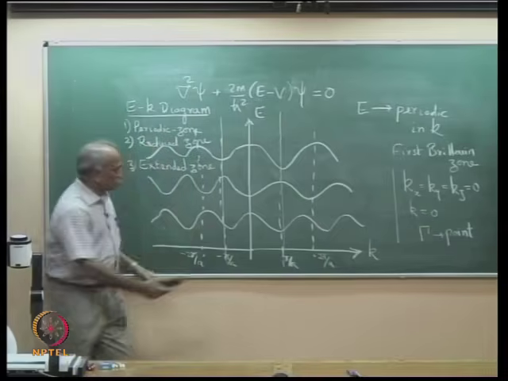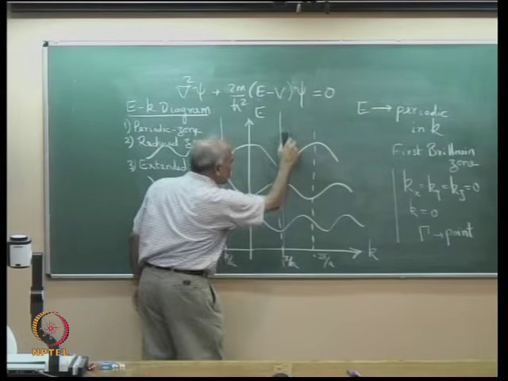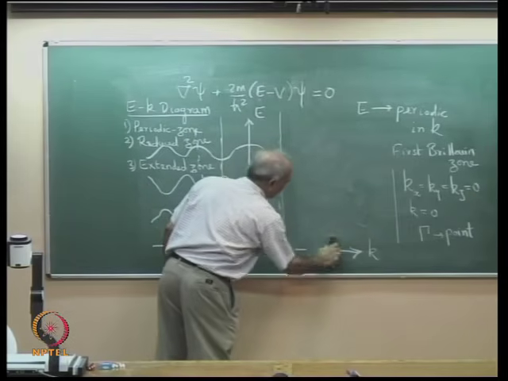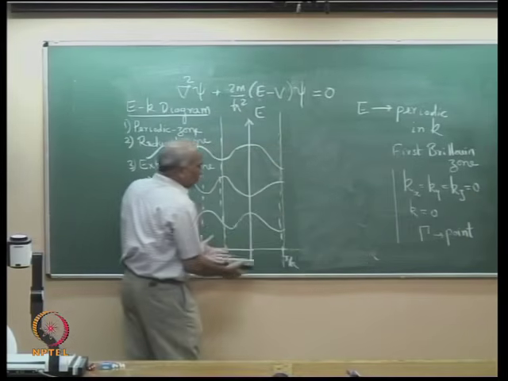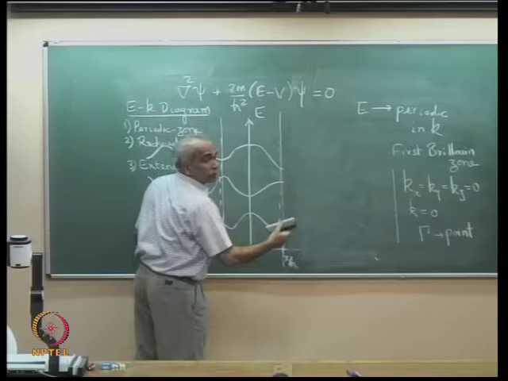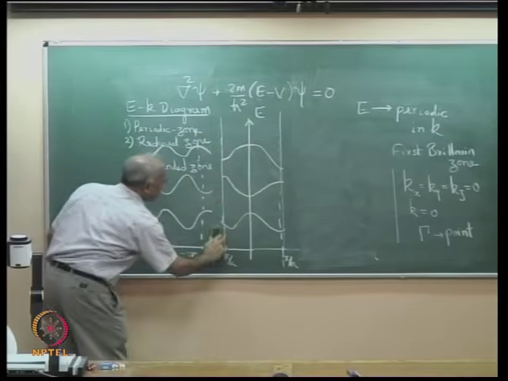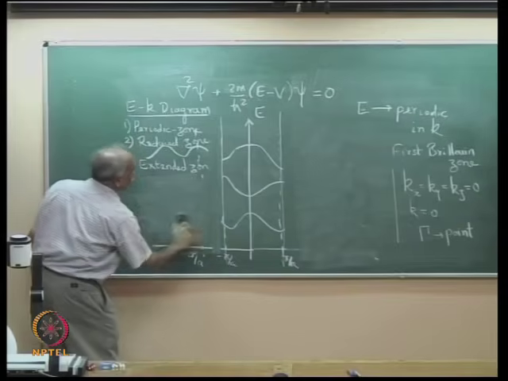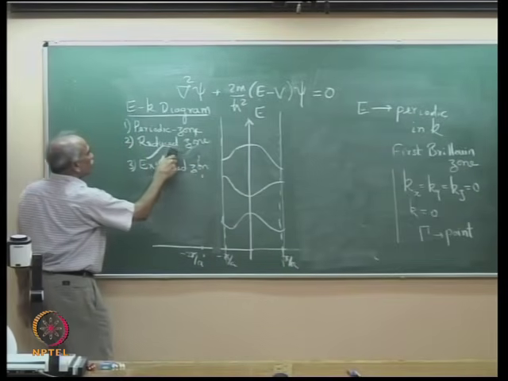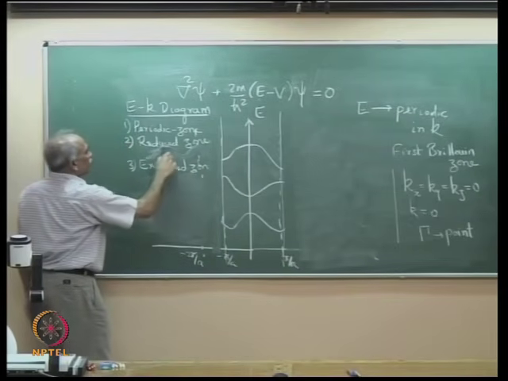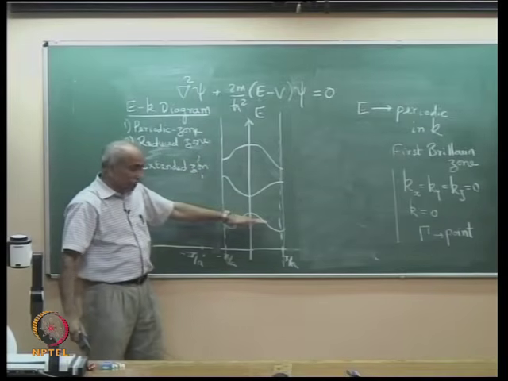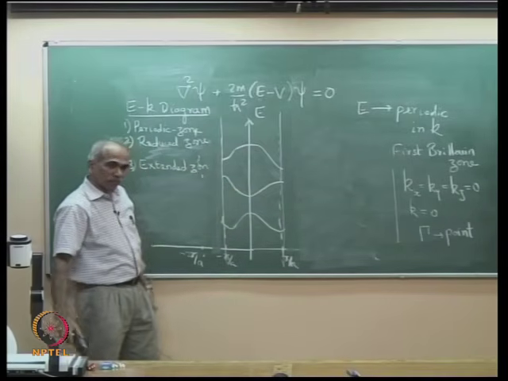In the reduced zone picture, you simply reduce this up to the border of the first Brillouin zone, because you know that if you know up to this, you know beyond this. So this is the reduced zone picture. Normally when we see the Ek diagram, we look at the reduced zone picture. These correspond to different levels.